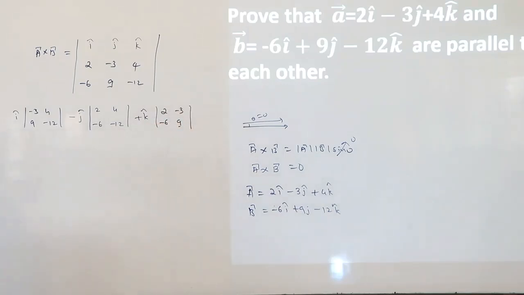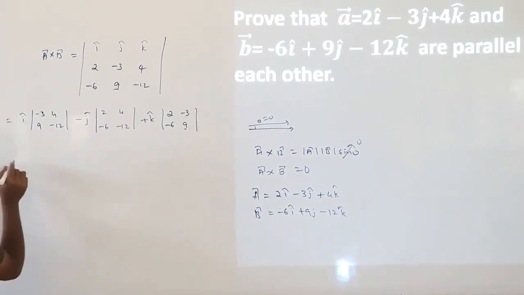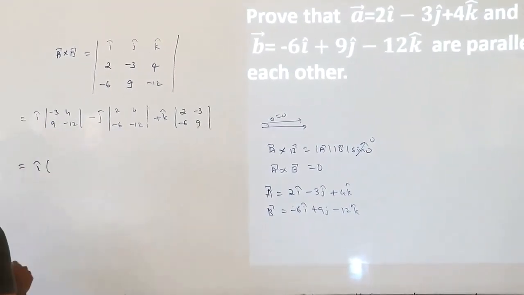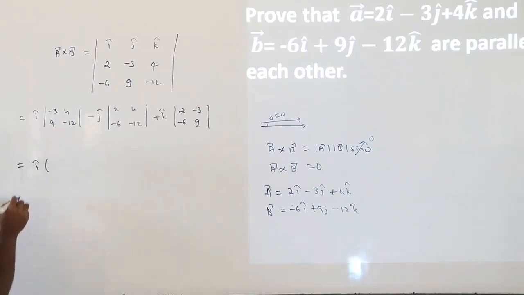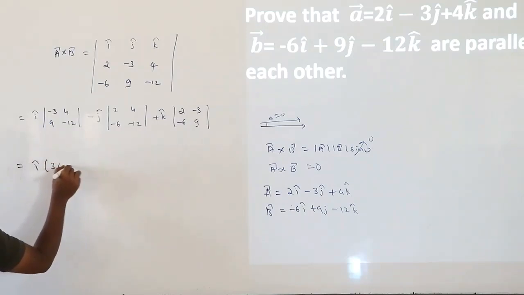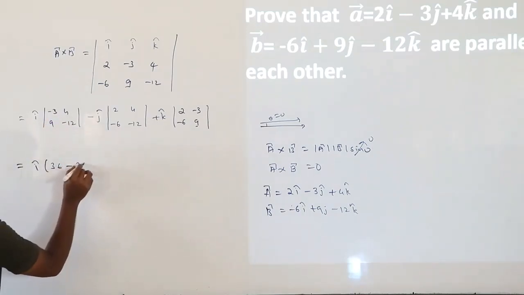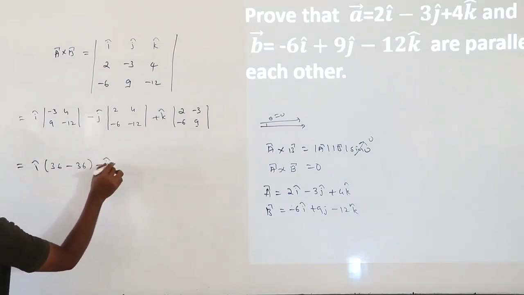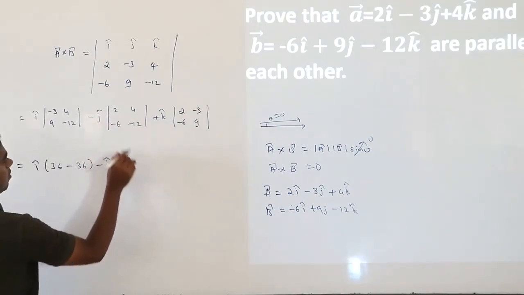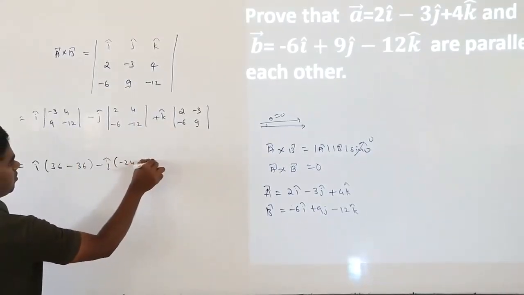This is how you can get the determinant. So for i cap, minus 3 into minus 12 is plus 36, then minus of 9 into 4 is minus 36. Minus j cap: 2 into minus 12 is minus 24, then minus minus 6 into 4 becomes plus 24.